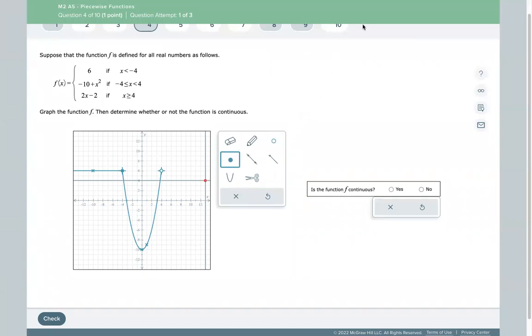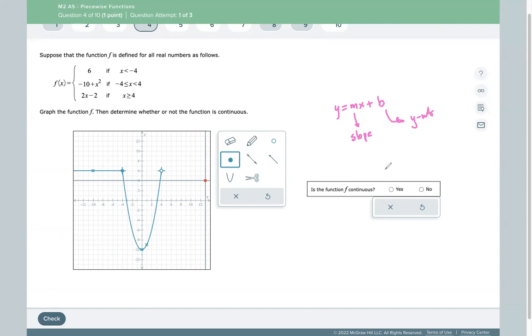And finally, we have a linear function. If you remember, a linear equation in the form y equals the slope m times x plus b. m is the slope and b is the y-intercept.